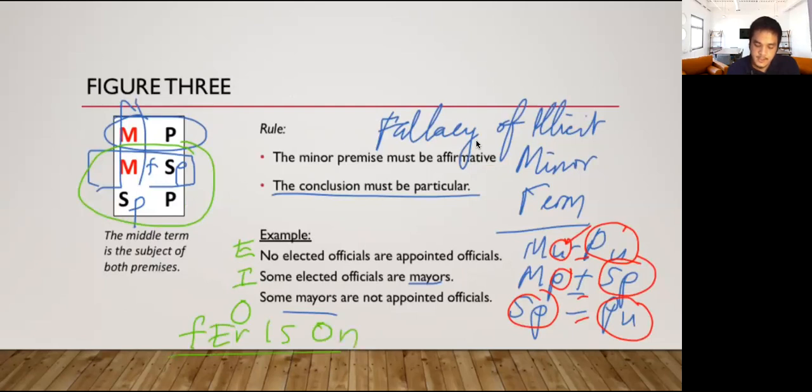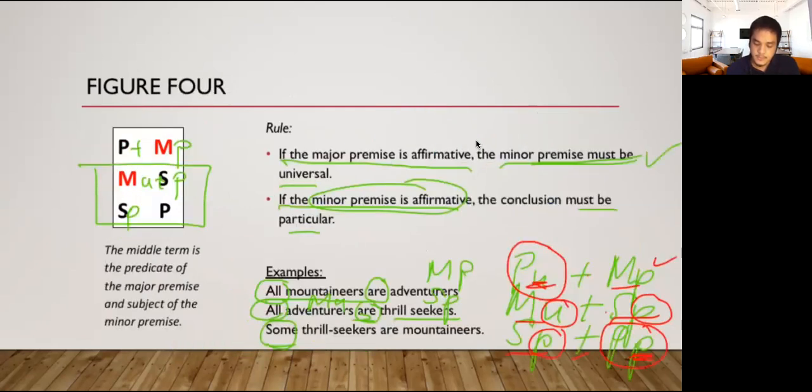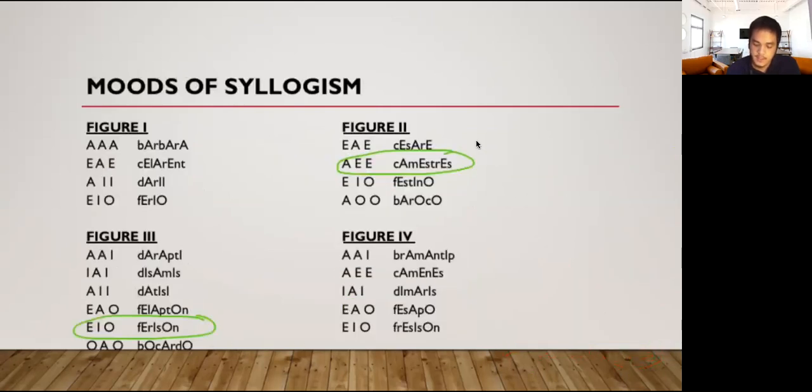So in this case, it now has a valid mood. And in figure 4, you have A, A, I. AAI, you have Bramantip.